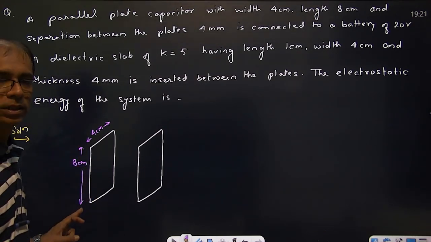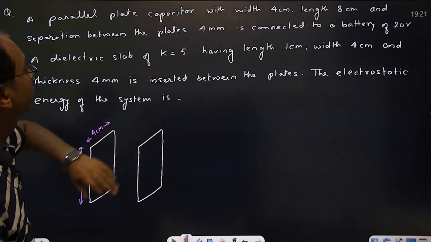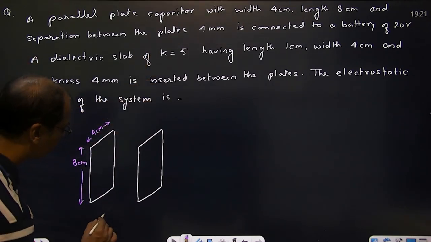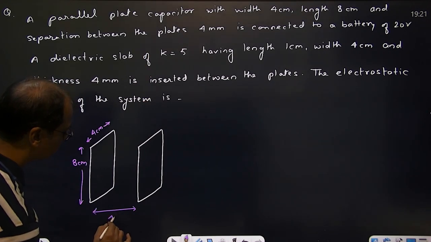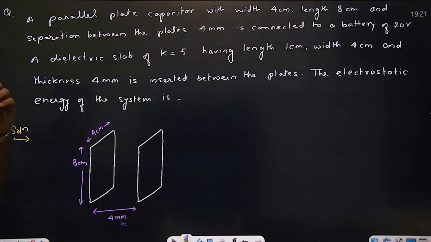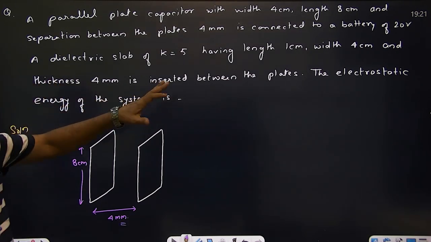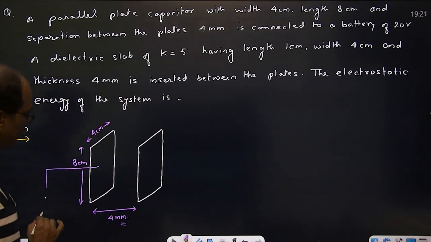This is 8 centimeter. This is 4 centimeter. Then they say that the separation between the plates is 4 mm. So this is 4 mm. Now it is connected to a battery of 20 volt. We'll connect this with a battery of 20 volt.